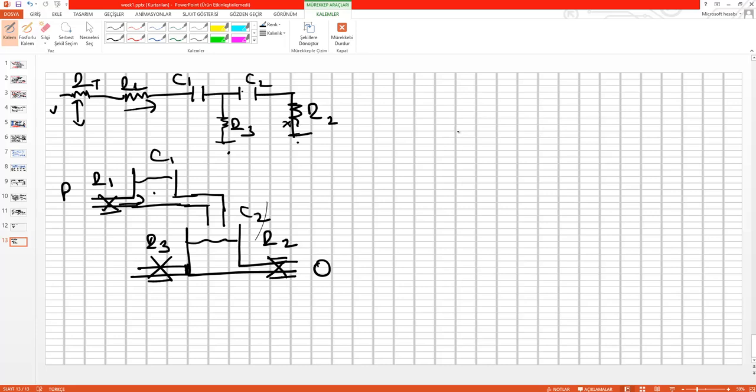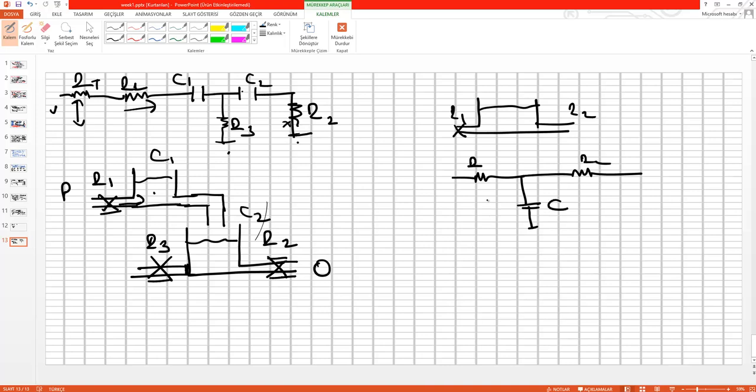Okay, just remember that we have this in here, okay? R1 and R2. This is a simple case for this. R2, R1 and C. How can I apply this rule to this one?